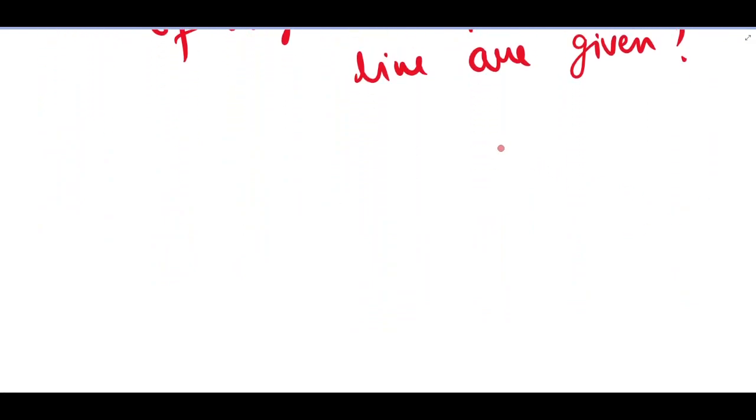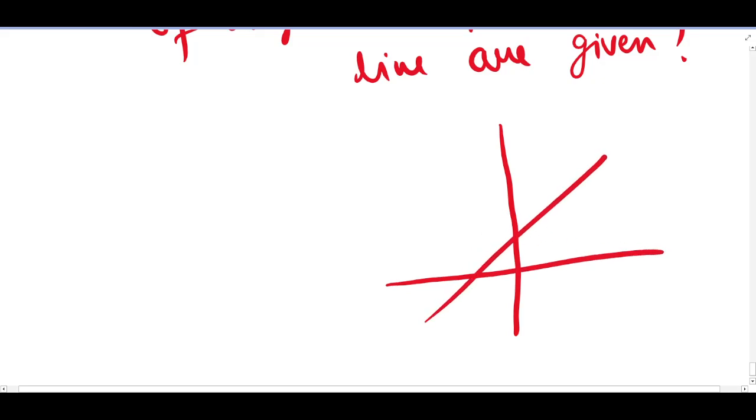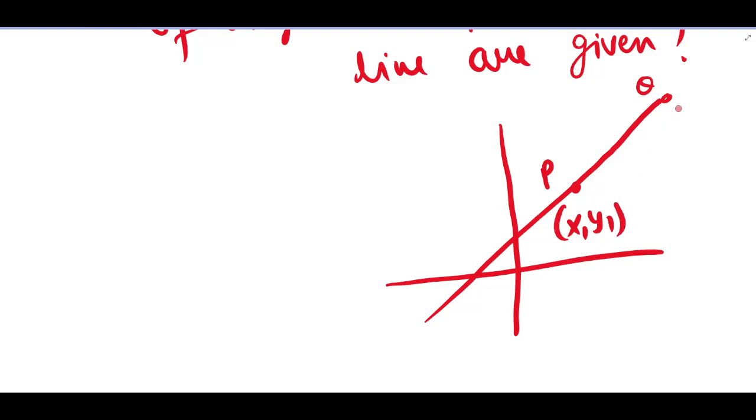So if we have a Cartesian system and there is a line and we have 2 points P and Q, whose coordinates are x1, y1 and x2, y2.